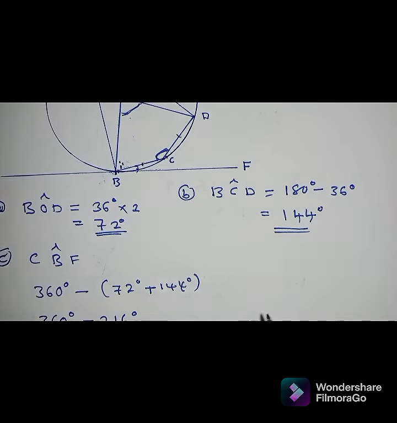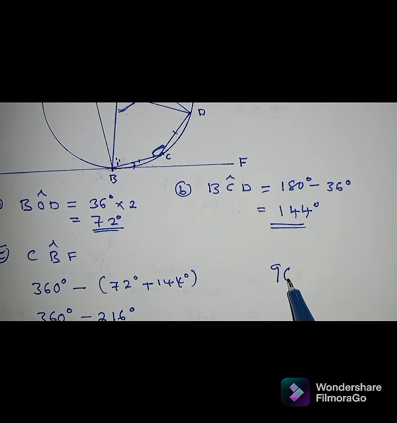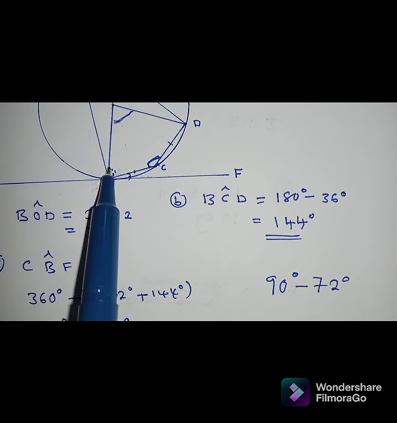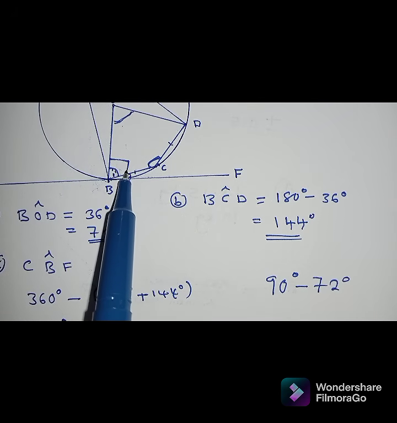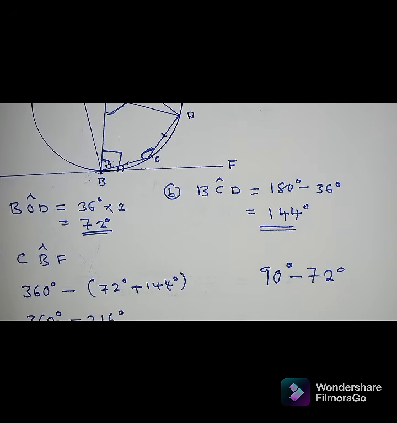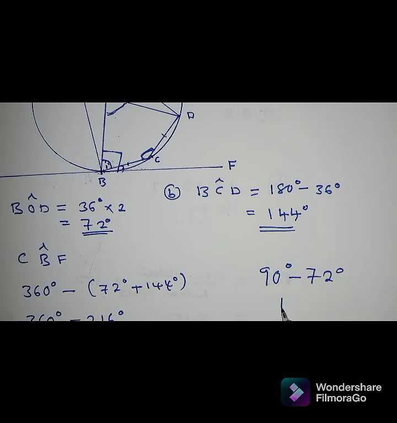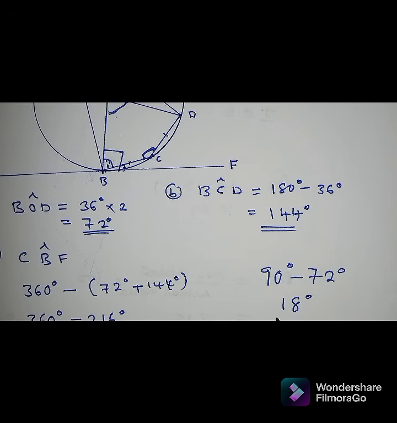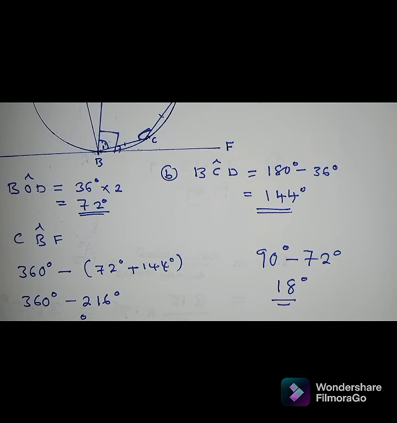Now in order for us to find this, we just say 90 degrees minus 72 degrees. We know that from here to here it's 72 degrees, and from here to here it's 90. So when we subtract from 90, it will give us 18 degrees. So our answer is 18 degrees. We go to the next question.